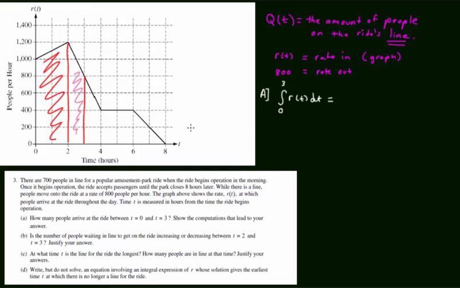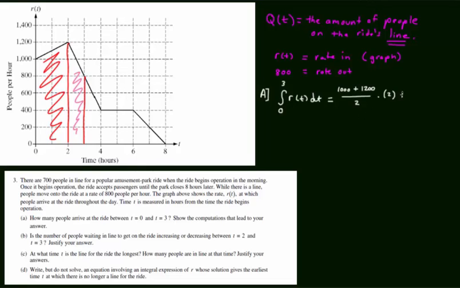We talked about this in an earlier video, where the area of a trapezoid is the average of the bases times the height. So let's work out each one of these parts. For the red trapezoid, the first base is 1,000. The second base is 1,200. We're going to average those bases, so divide by 2, and then multiply that by its height of 2. See, I'm appealing to geometry.